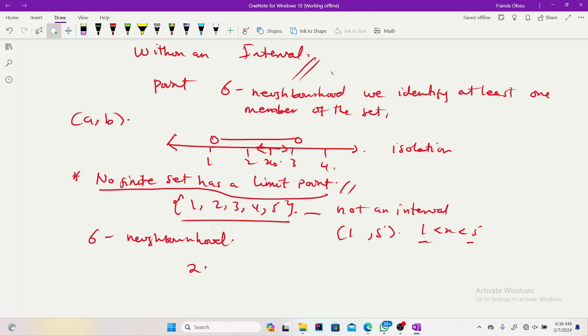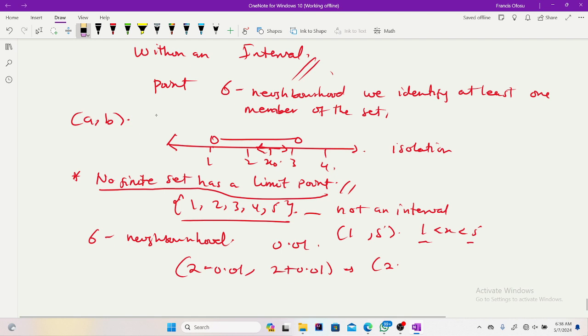If I choose 2 as the limit point of this finite set and I take my delta to be 0.01, you should take it as small as possible, and 0.01 is very good. So you get your interval to be 2 minus 0.01, comma, 2 plus 0.01. This should give us 1.99, comma, 2.01.